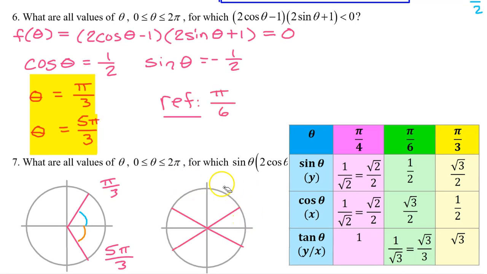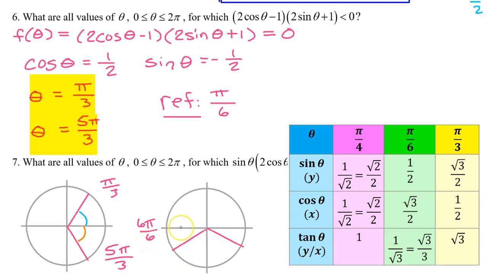On the interval from 0 to 2 pi, here are the 4 angles with a reference angle of pi over 6. In this case, we want sine to equal negative 1/2. So we will stick to quadrants 3 and 4, where the y value, and thus the sine function, is negative. We can think of pi as 6 pi over 6.